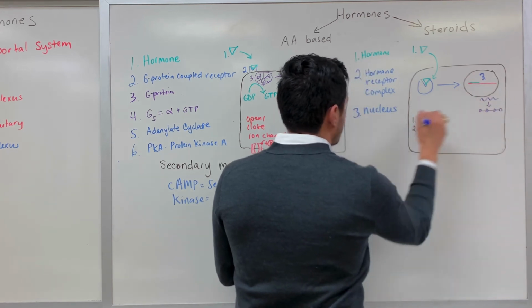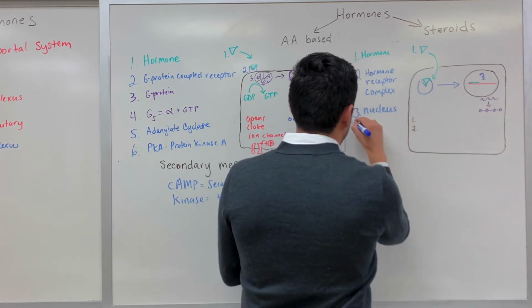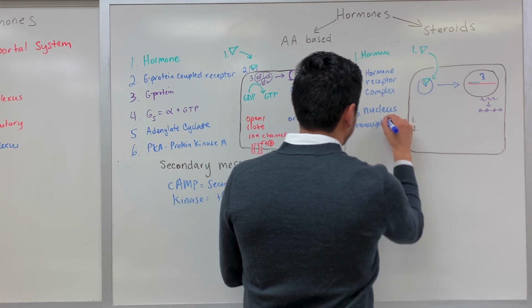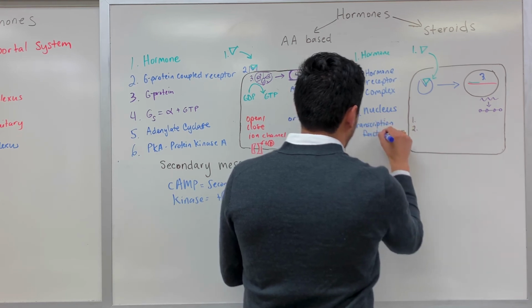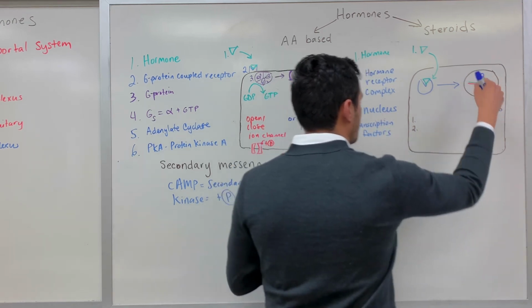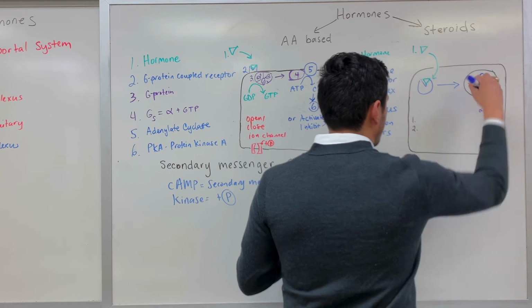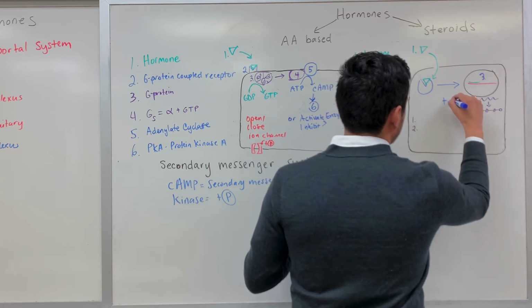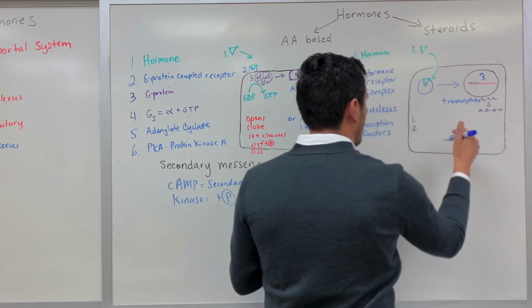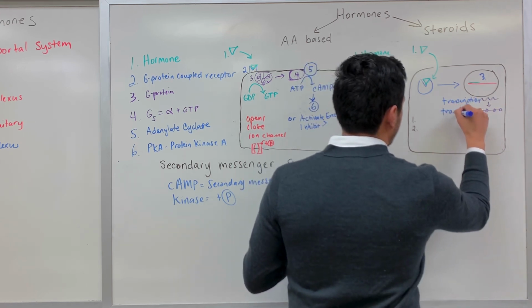So when we get within the nucleus, we activate transcription factors. Activation of our transcription factors allows transcription to occur here, and then the transcript comes out. So we have transcription, and then when we make our protein, we have translation.